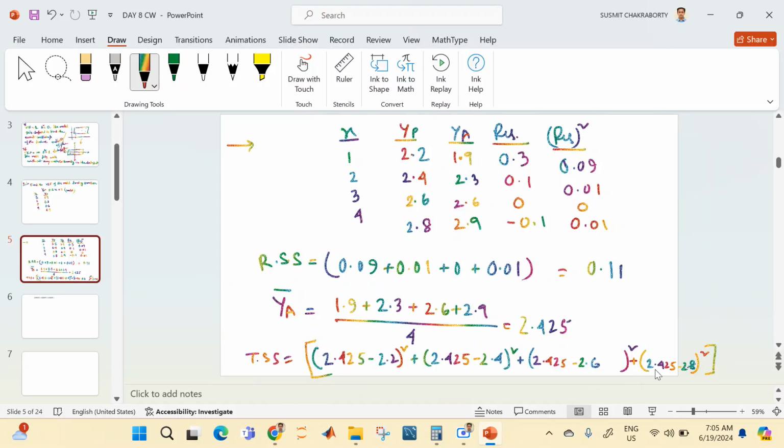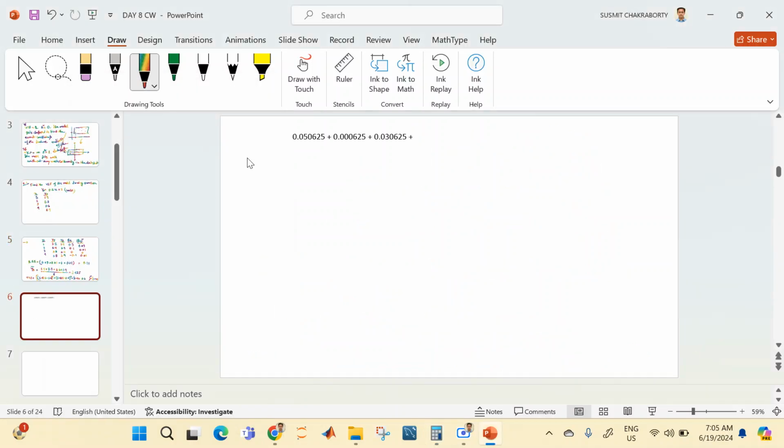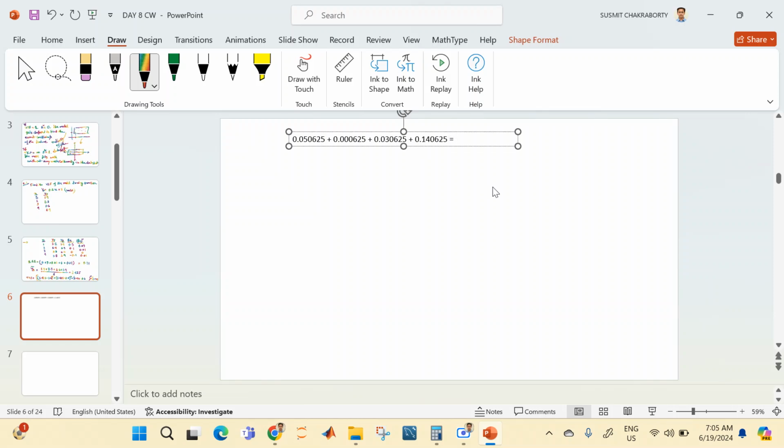Then 2.425 minus 2.8, squared, is 0.140625. So we have to add them.